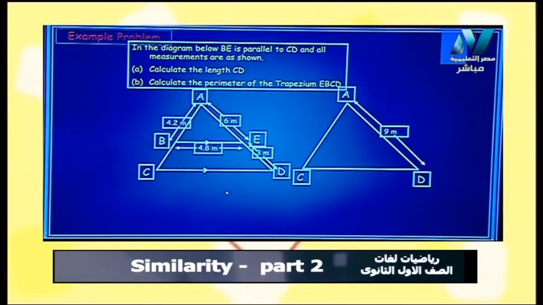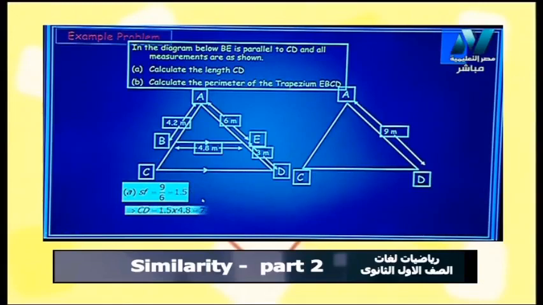We have here two triangles also, the triangle ABE and the other one, ACD. This is the model of this triangle. We would like to calculate the length of CD and the perimeter of the trapezium EBCD. The scale factor here equals 9 over 6, which equals 1.5.